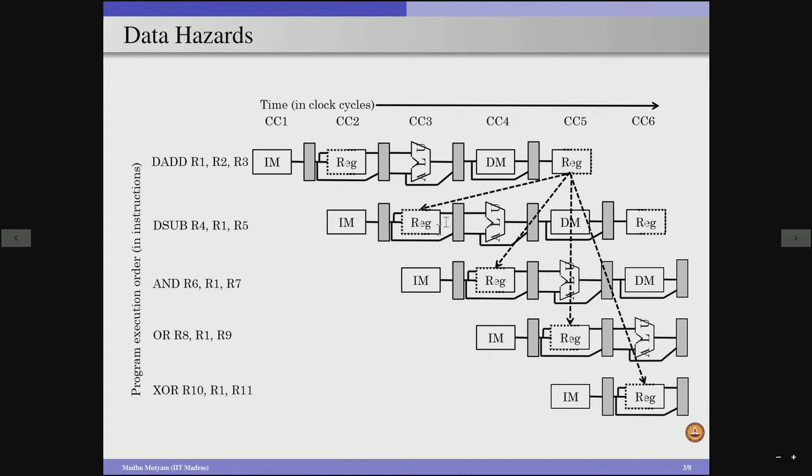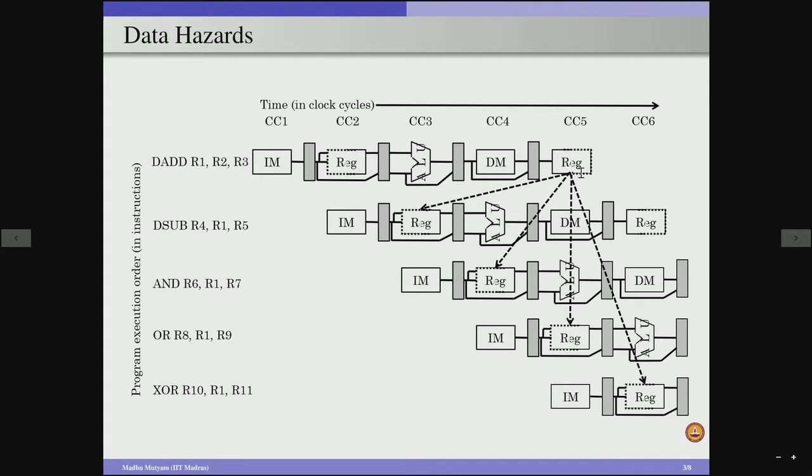That is what is shown pictorially in this figure. Here we are writing to a register in the register file in clock cycle 5, but that is required in clock cycle 3 for the subtract instruction, clock cycle 4 for the AND instruction, clock cycle 5 for the OR instruction and clock cycle 6 for XOR.